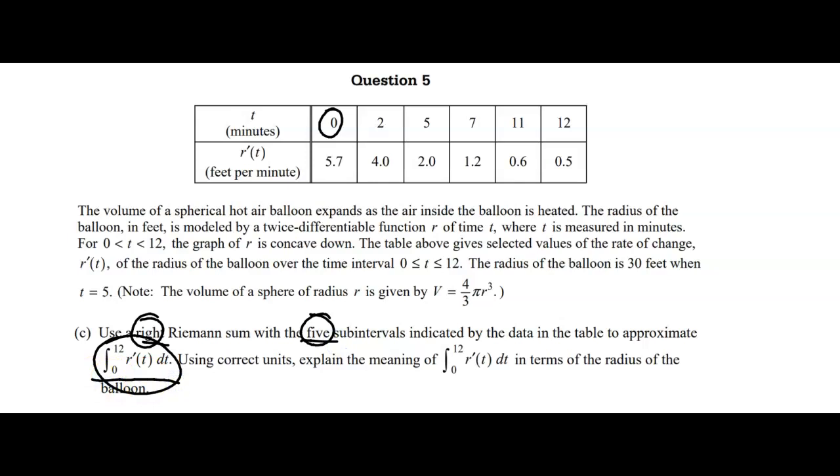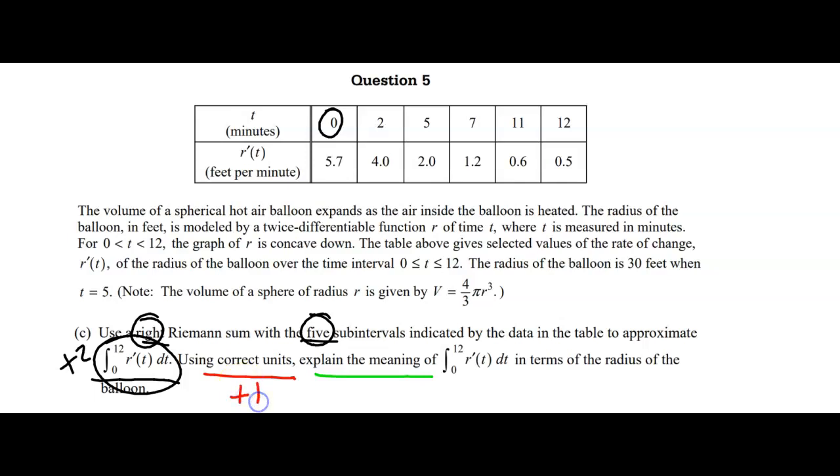But they also want us to do units, and they also want us to explain the meaning. So there's 3 things that they want us to do here. My guess is this question could be worth anywhere from 3 points to 4 points of an FRQ. They might make the estimation worth 2 points, doing the setup correctly and then getting the final answer, or they might be stingy and only give you 1 point for it.